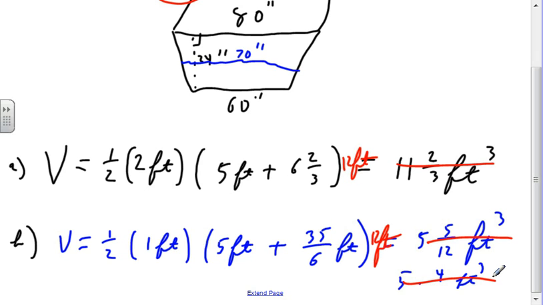Okay. So I've got 11 and 2/3 times 12. That's 140. 140 feet cubed. And then I've got 5 and 5/12 times 12. 65.